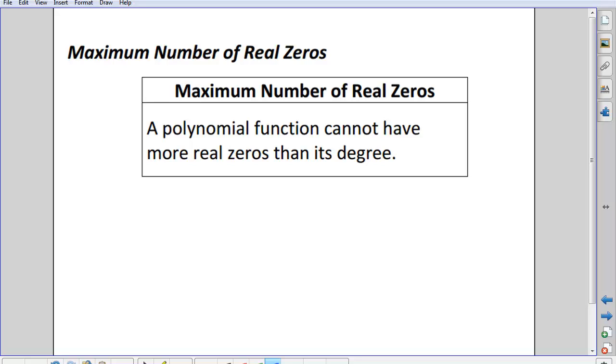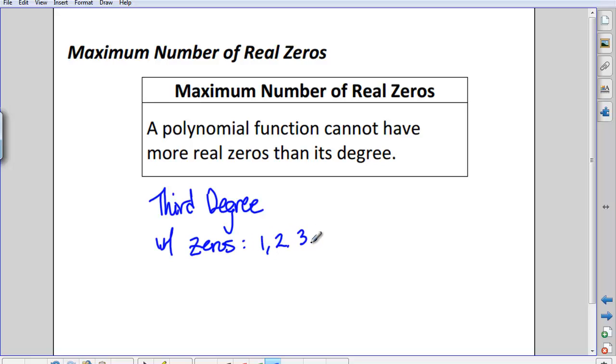Well, think about if we have a 0, say we had a third degree polynomial with 4 zeros, okay? Let's just make it easy. Let's do 1, 2, 3, and 4. Okay. So a third degree polynomial with those zeros.